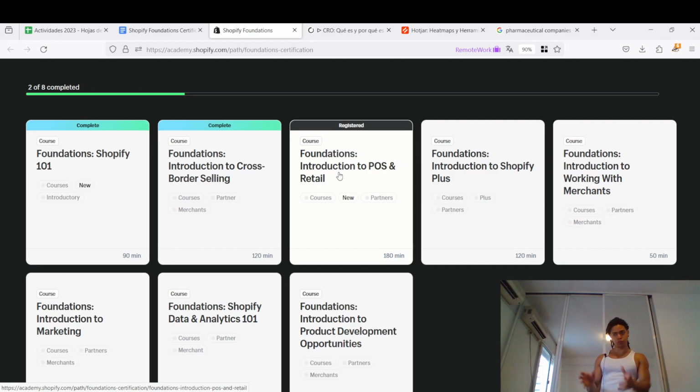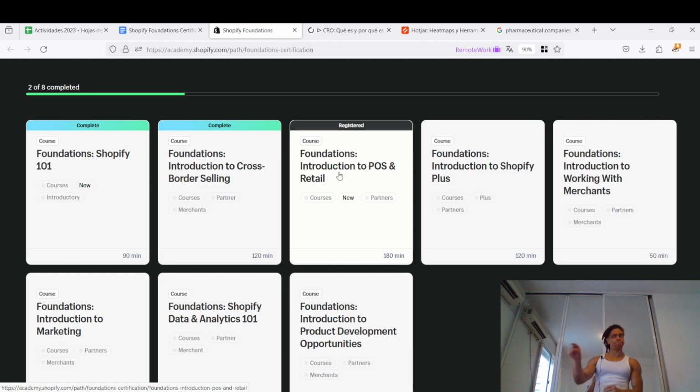This is useful if you're going to work for brick and mortar retailers or merchants who want to improve their online store. Perhaps you're looking at new ways to increase your revenue as a Shopify partner, or you're a Shopify affiliate who wants to know how Shopify works to teach their audience.